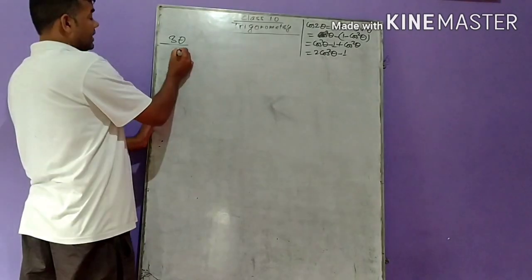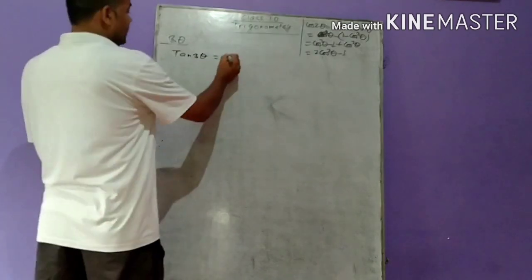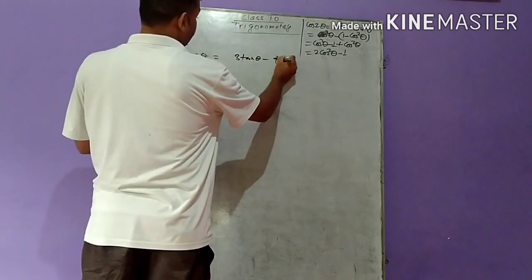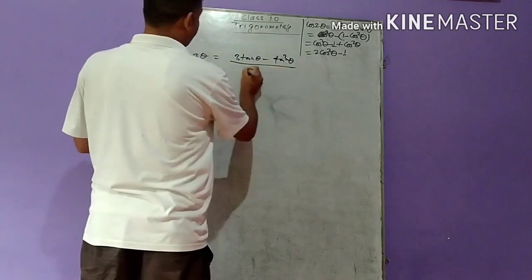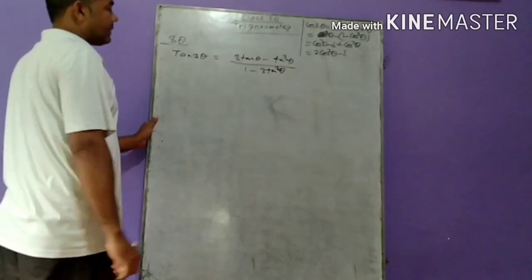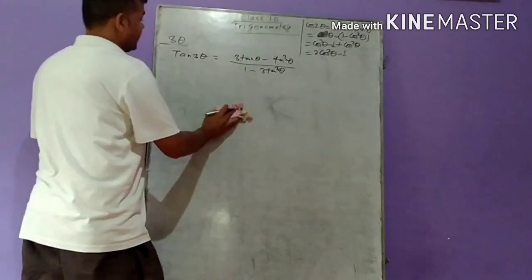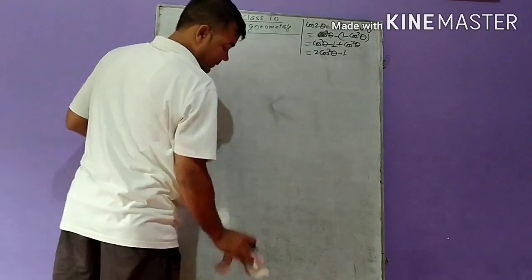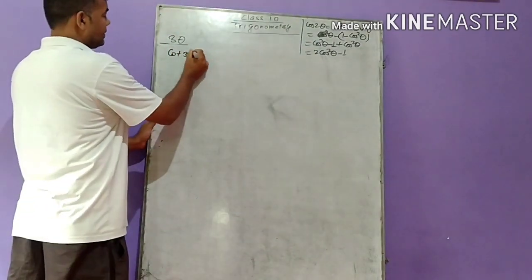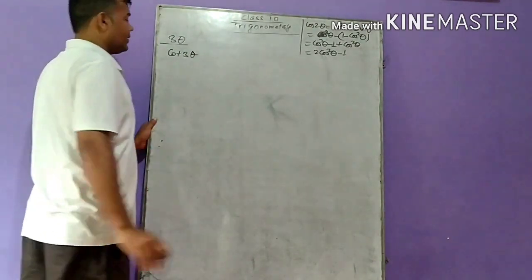So what we have got now: tan 3 theta means 3 tan theta minus tan cube theta upon 1 minus 3 tan square theta. I think you have got this relation in our explanation. So we are going to talk about the last one, because after this you can also determine by yourself.